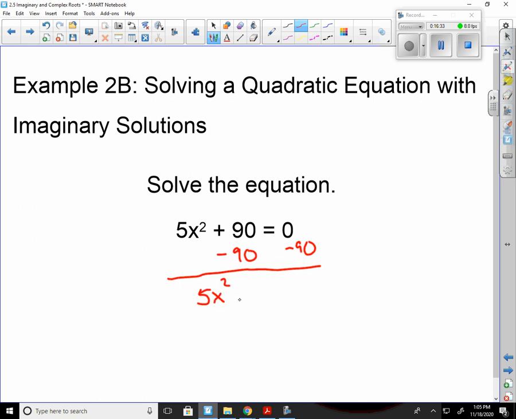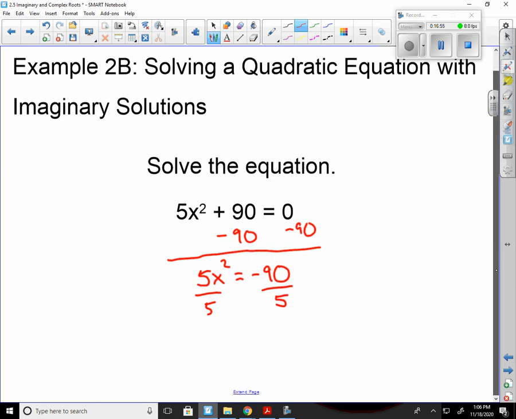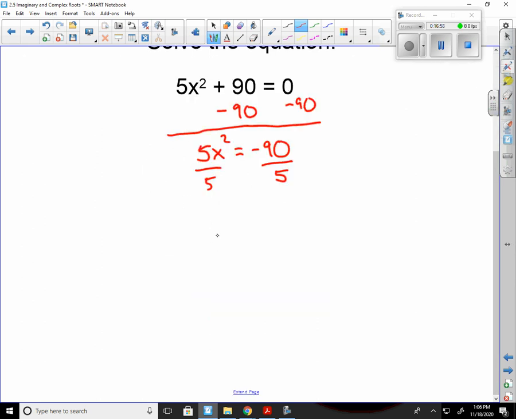So it gives us 5x squared equals negative 90. Then what do we do? Yep, divide by 5.